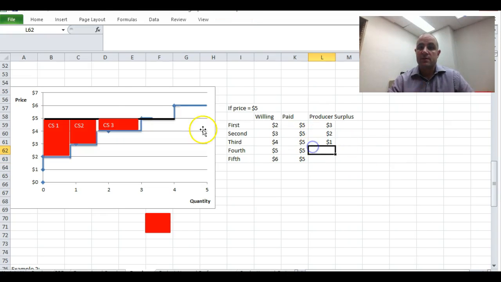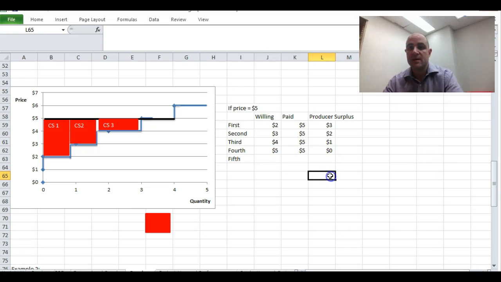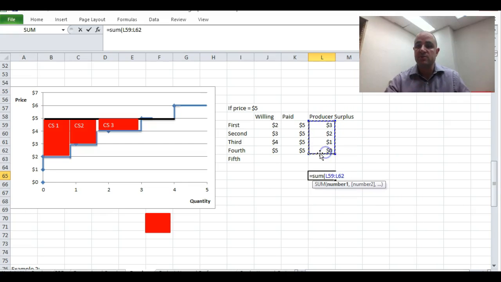Now for the fourth, was willing to sell for $5, did sell for $5, no surplus there. The fifth was willing to sell for as low as $6, but the price is $5, so they're not going to sell that one. So the total producer surplus for this one individual is $3 for the first, $2 for the second, $1 for the third, $0 for the fourth, $6 total, which is the amount in these areas here.